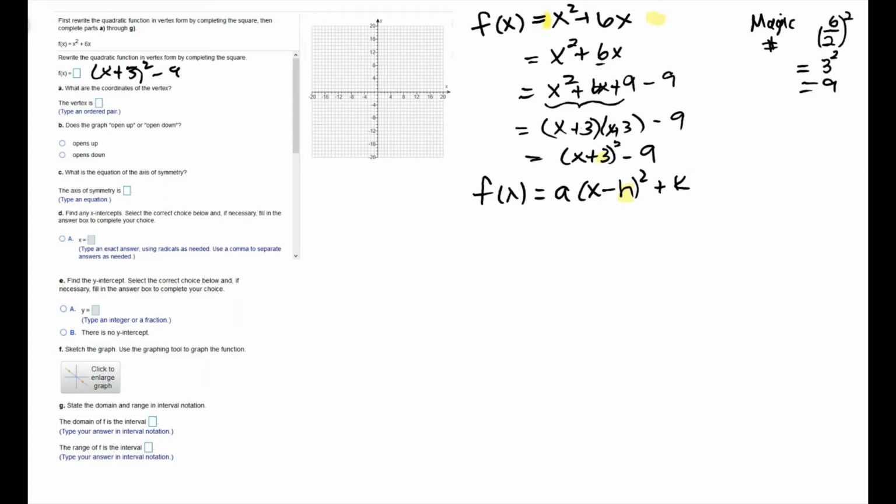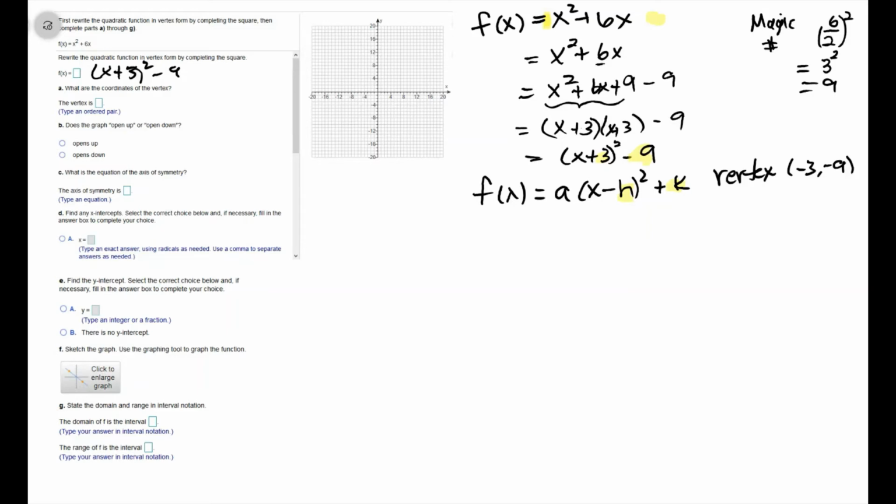This one has a plus, the other one has a minus. We really have to do the opposite of that 3 there. So our vertex is going to be -3 and -9. So the k part lines up with this -9.